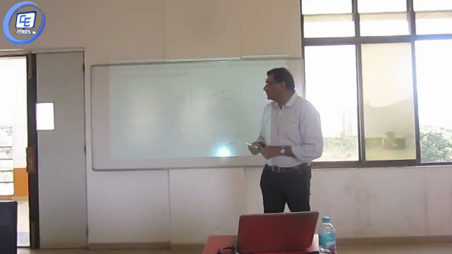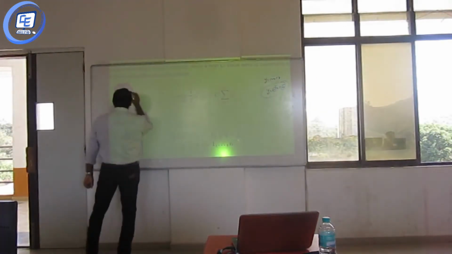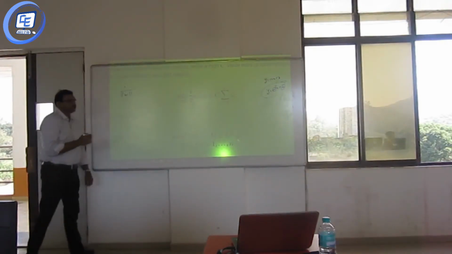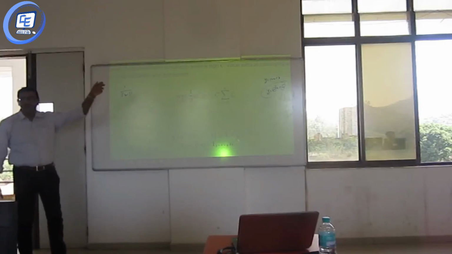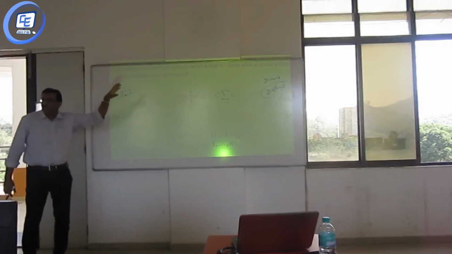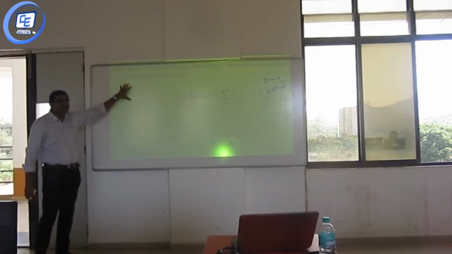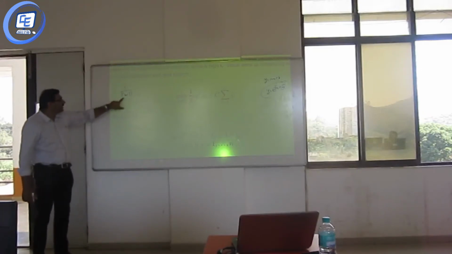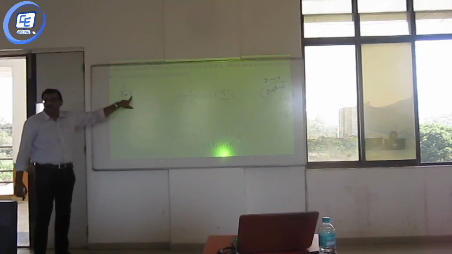So that margin, by doing some geometry, comes out to be this much. If you apply some geometry in that figure, you can find out the margin width is 1 upon norm of W. This double vertical line means L2 norm. The Euclidean distance of the weight vector.